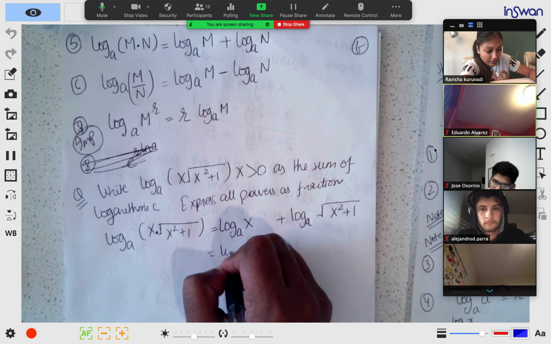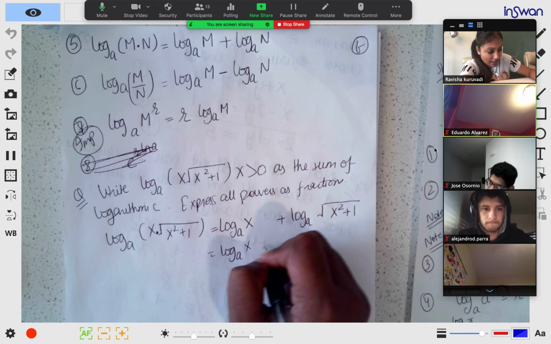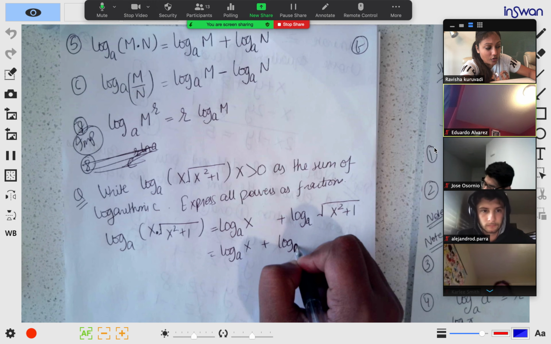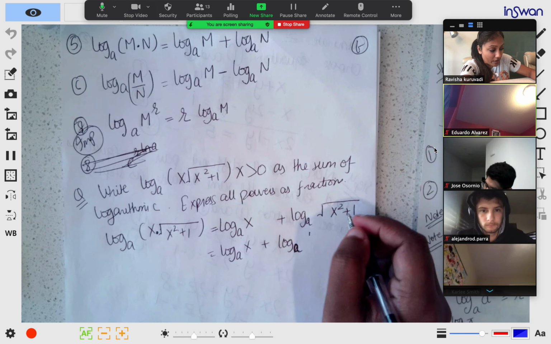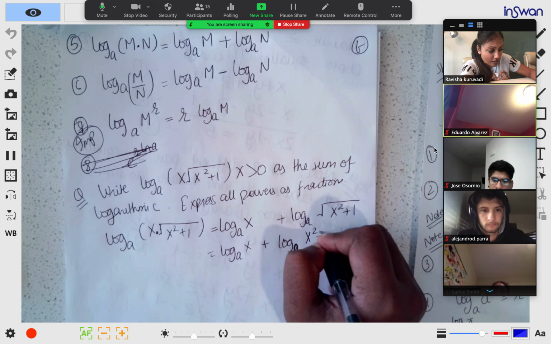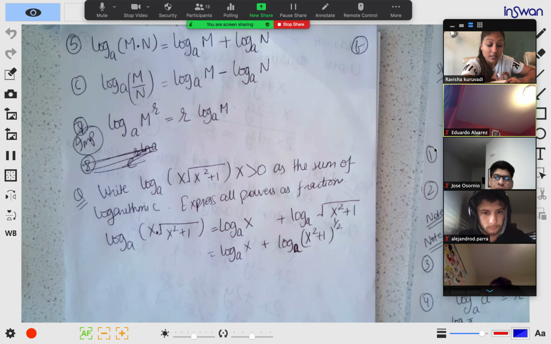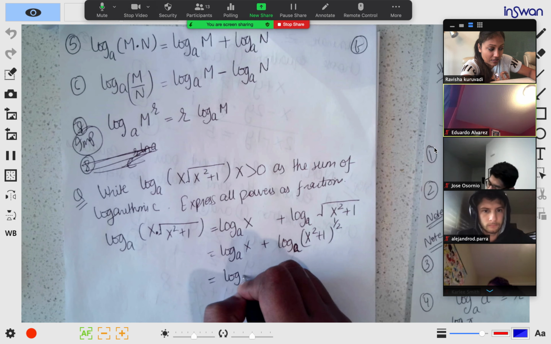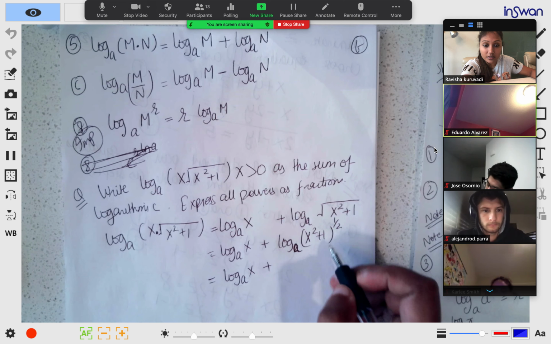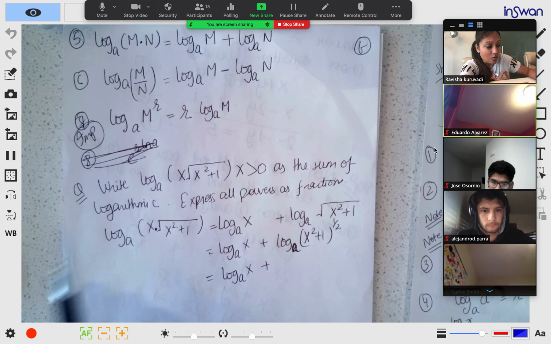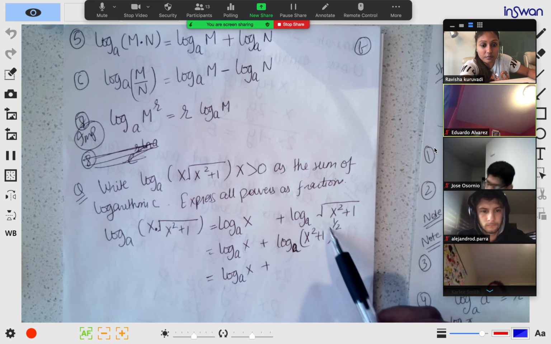But here, you have log a of the square root of x square plus 1. Note square root is basically 1/2. They want you to convert into a fraction. The first term will remain as it is, plus. Can I do anything about it? I told you there's a very interesting property about logarithms: whatever is the power, it picks that power and throws it in front.